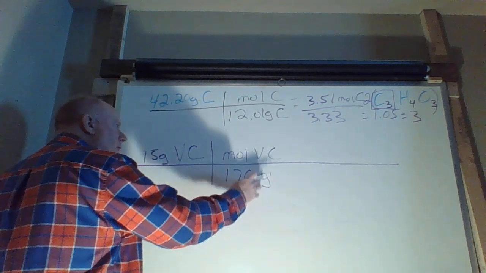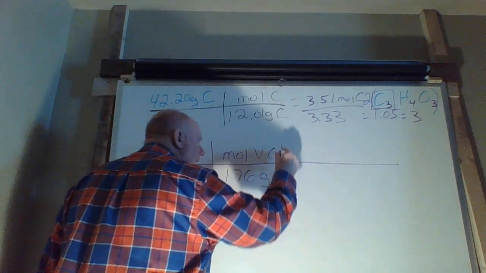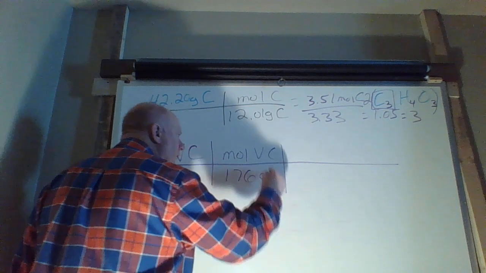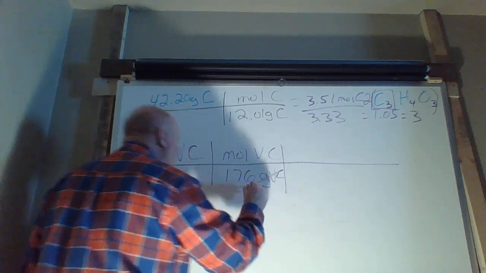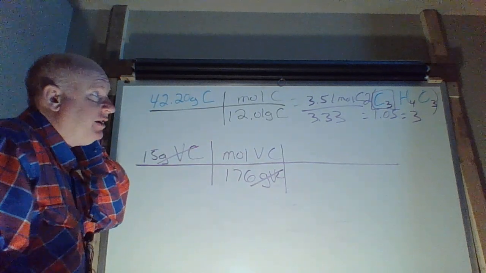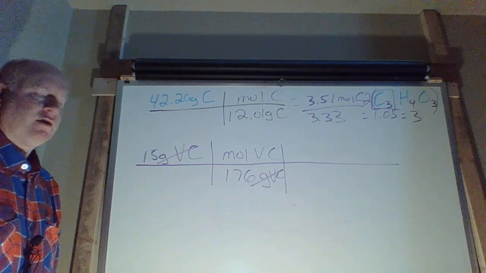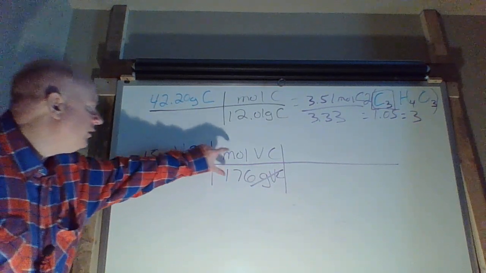Okay, so grams per mole. Remember, this is interchangeable, so you can cancel out your factors. Okay, so those are now gone. We're in moles of vitamin C, and what's really important is this third step. Step 1, step 2.